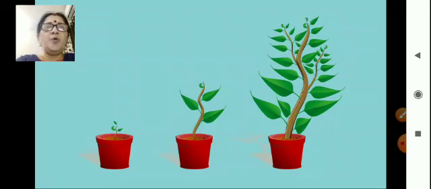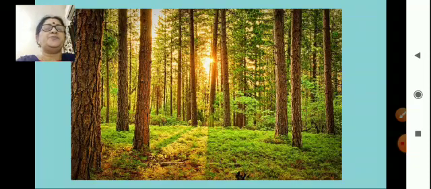They do not move, but they grow. Plants need air, sunlight, water to grow. Big plants are called trees.